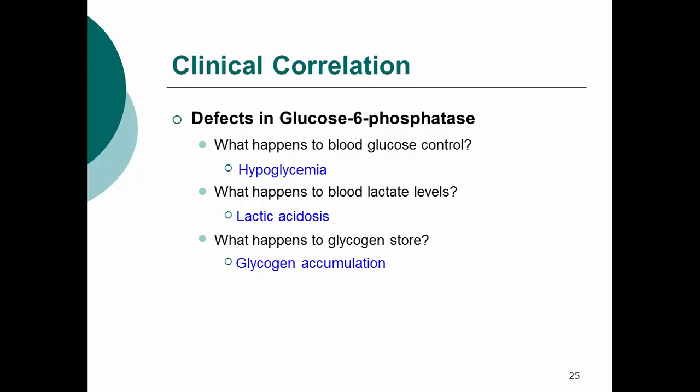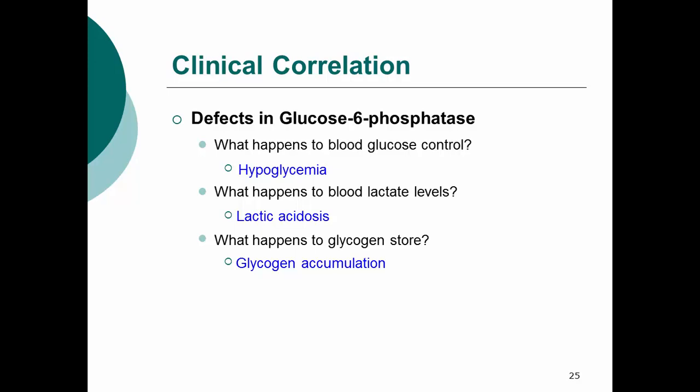Because you cannot break down the glycogen completely to release glucose, and you have lots of glucose 6-phosphate substrate accumulated, right? And this substrate is a very strong inhibitor of the glycogen breakdown enzymes. So glycogen cannot be broken down and then accumulates in the liver.